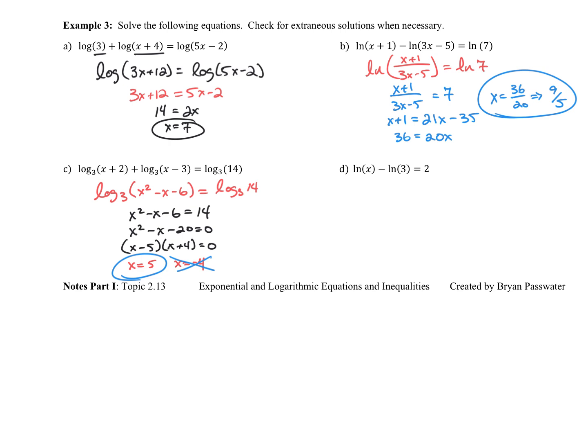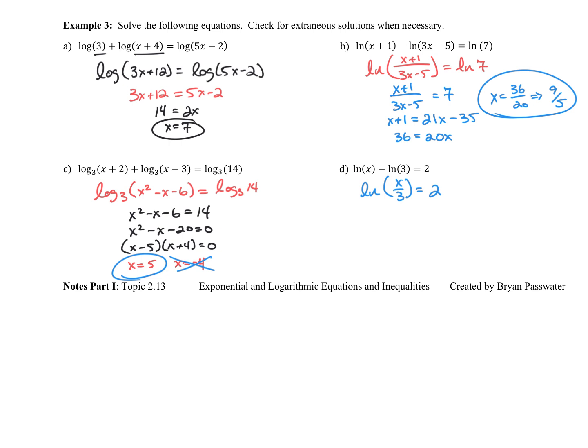All right, let's do it again. So let's look at part D now. So what do we need to do first? We need to divide. All right. And so now I'd have natural log of x over 3 is equal to 2. Now, on this one, do we strip logs? No. And so this one, what do we do? Right now it's in log form.